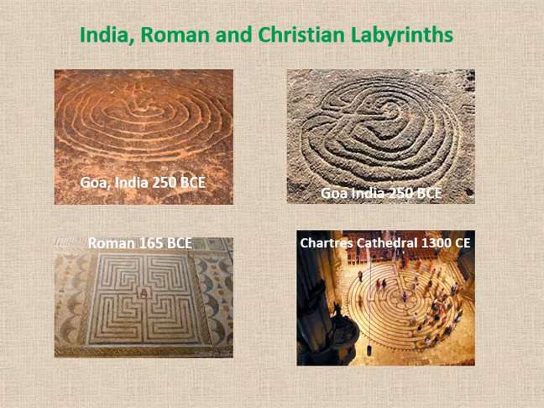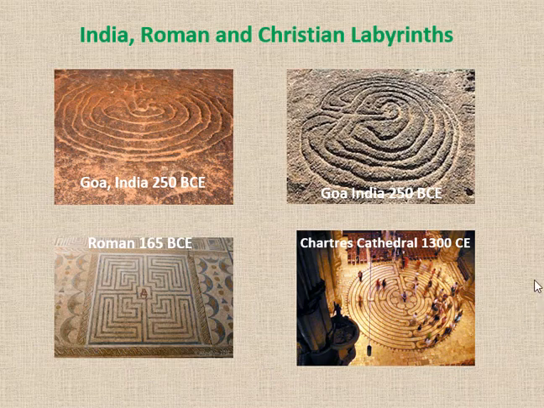Here we have a series of old labyrinths. India, 250 BCE, again before the Christian era. And in Goa, there's rock labyrinths. There's this one. These are kind of classical-like designs. Then there's a Roman labyrinth. Here is an example that was built in 165 BCE.